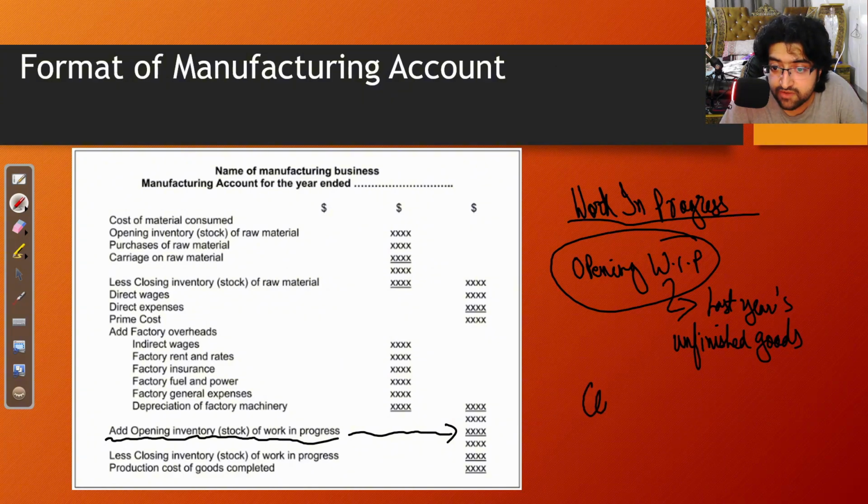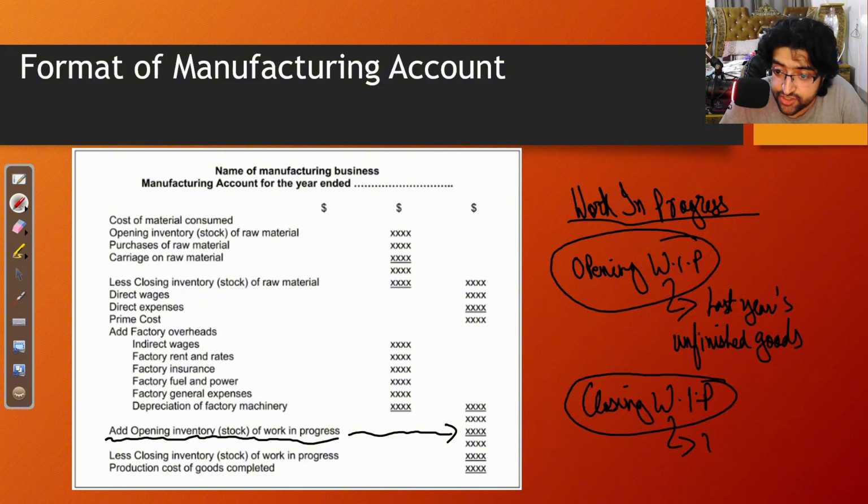And then we less closing work in progress. What is closing work in progress? You might have guessed by now. Closing work in progress is simply goods that remained unfinished this year, the current year we are in. Unfinished goods this year.